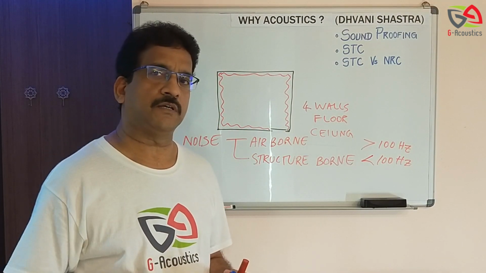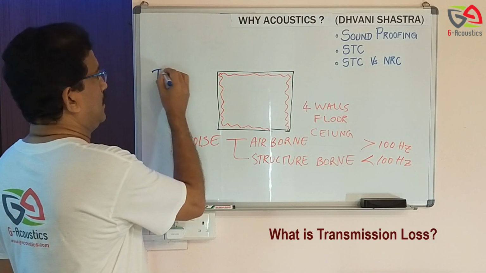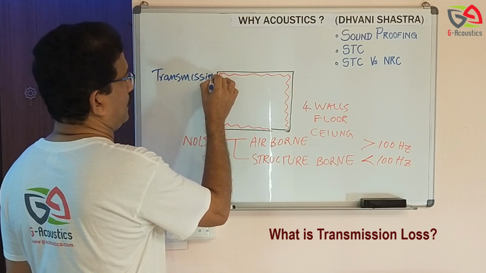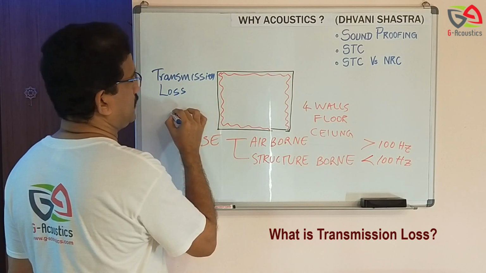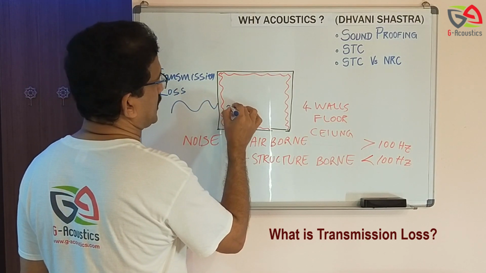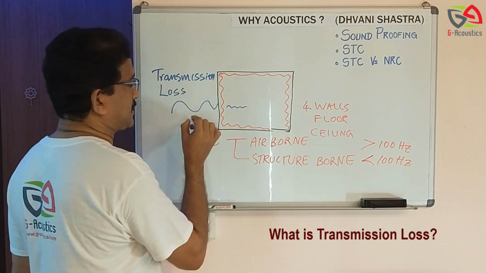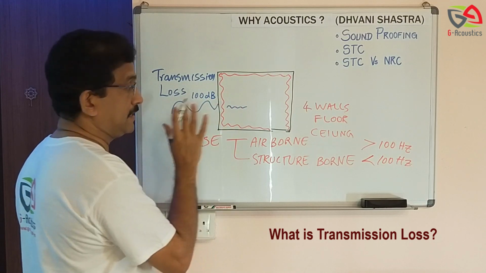Another parameter that we talk about is transmission loss. Now what is transmission loss? Transmission of sound from outside to inside, as I mentioned, has to reduce here. Suppose the outside noise is 100 dB, let us assume.